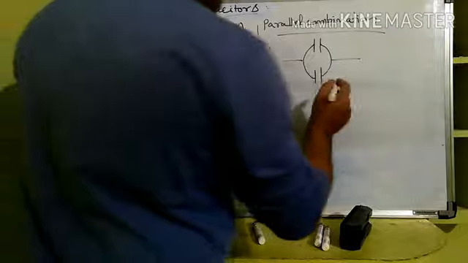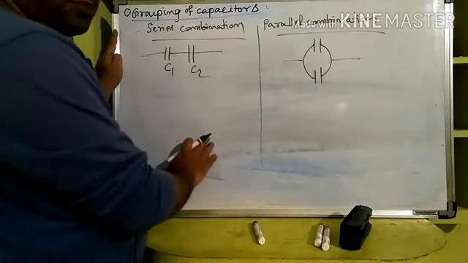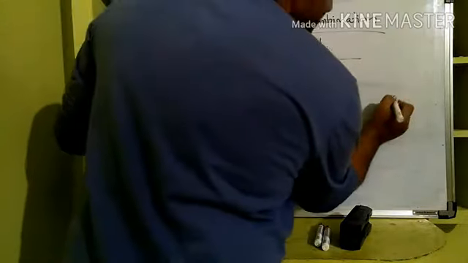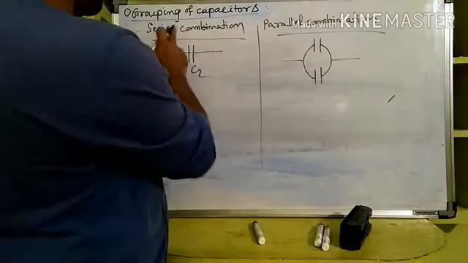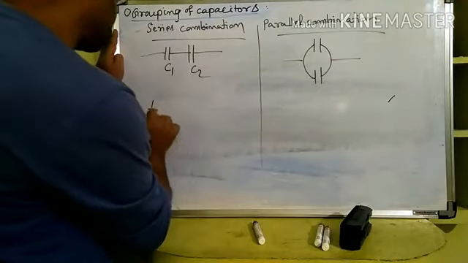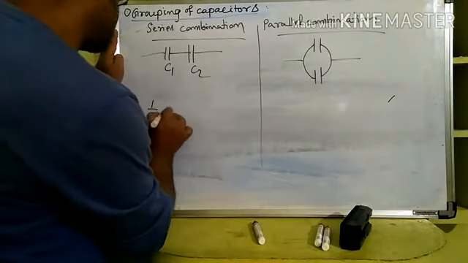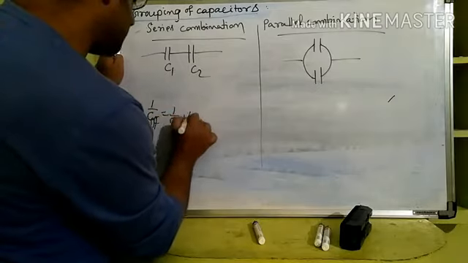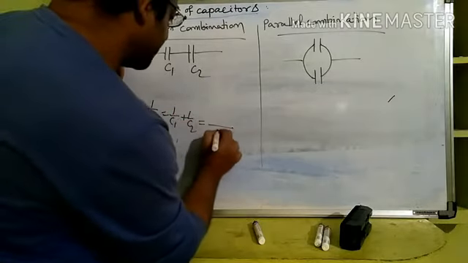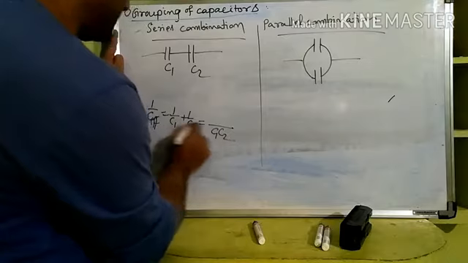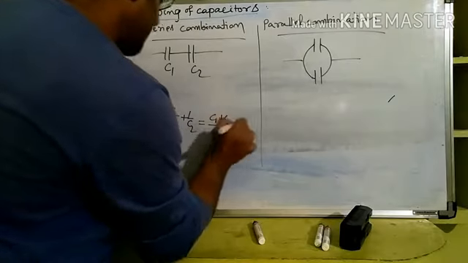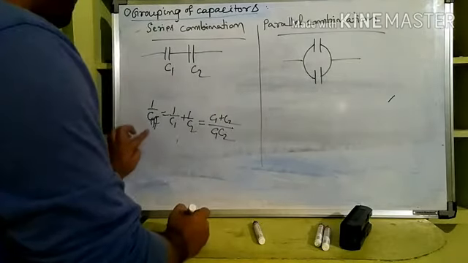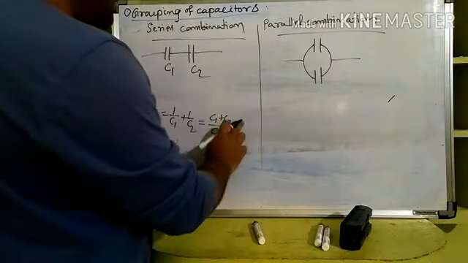Now see, this is just the formula to remember quickly. If connected in series, 1 by C effective is equal to 1 by C1 plus 1 by C2. Take the LCM C1 C2, then it will be C1 plus C2 over C1 C2, right? Now this is 1 by C effective, so C effective is equal to C1 C2 by C1 plus C2.